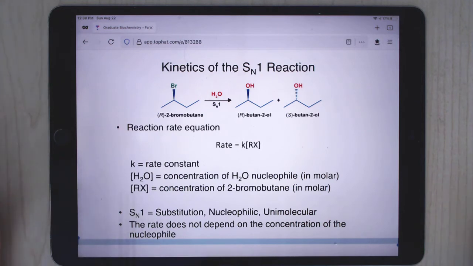If you double both of them, is the rate just twice, or is it 4 times faster? If it's 4 times faster, hey, you're running under SN2 conditions. If it only goes up by 2, then you're running under SN1 conditions. Okay, so it's a good way to figure that out.